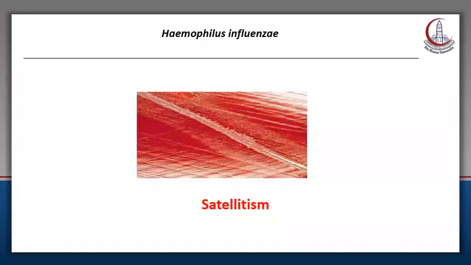Here's another picture of satellitism. This is a blood agar. The line in the middle is Staphylococcus aureus colonies, and the colonies around it are Haemophilus influenzae, which is growing better beside the Staph aureus colonies. This is called satellitism. Don't forget this name.